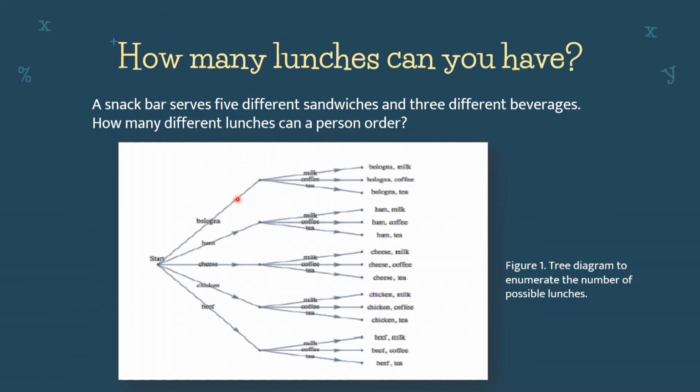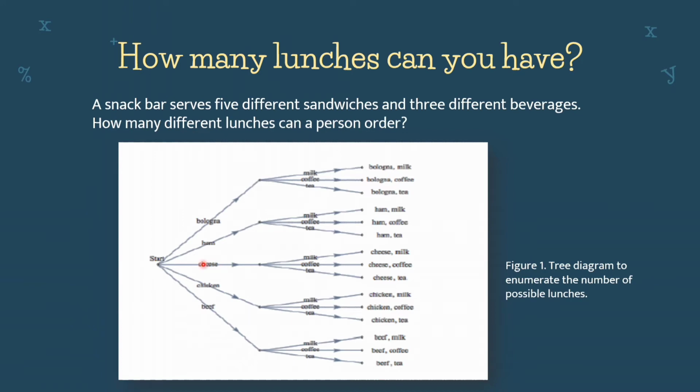Ayun. Sa beverages natin, we have 3. I-distribute natin siya sa ating 5 different sandwiches. Count lang natin. We have bologna and milk, bologna and coffee, bologna and tea. Sa ham, we have ham and milk, ham and coffee, ham and tea.